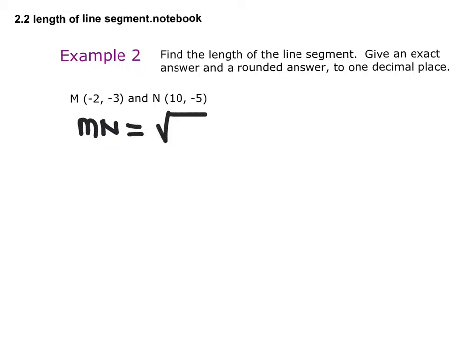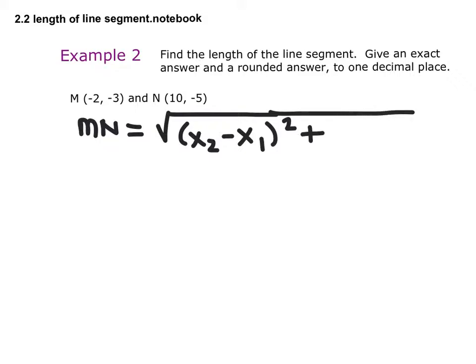We know the formula is the difference x2 minus x1 squared, plus the difference of y2 minus y1 squared. And as I recommend, I would label your coordinate points so it makes it a little bit easier when you plug that in.